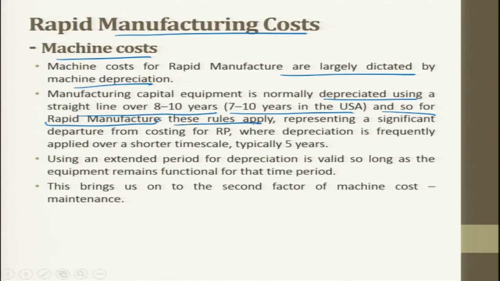these rules apply, representing a significant departure from costing for rapid prototyping, where depreciation is frequently applied over a shorter time scale, typically 5 years. Using an extended period of depreciation is valid so long as the equipment remains functional for that time period.